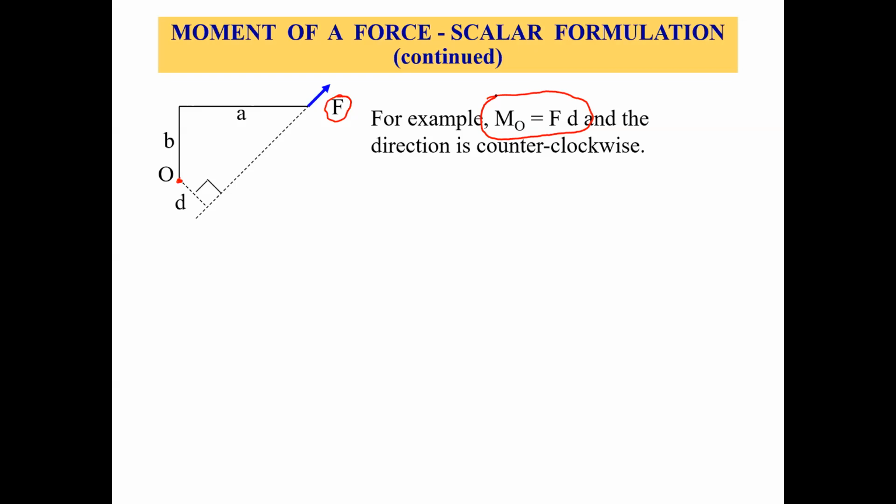Now if you look at this figure, what can you make out? This force is being applied at some distance d from this point O. If you look at the tendency of rotation, this force is creating a counterclockwise moment at this point O. So that's how you can determine the tendency of rotation, or the direction of rotation.